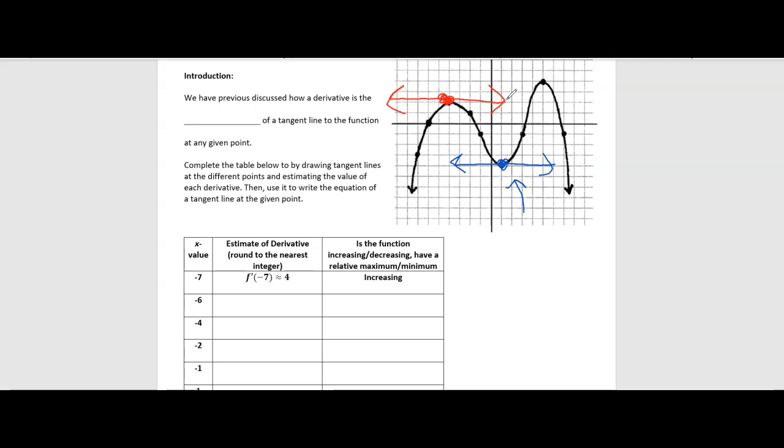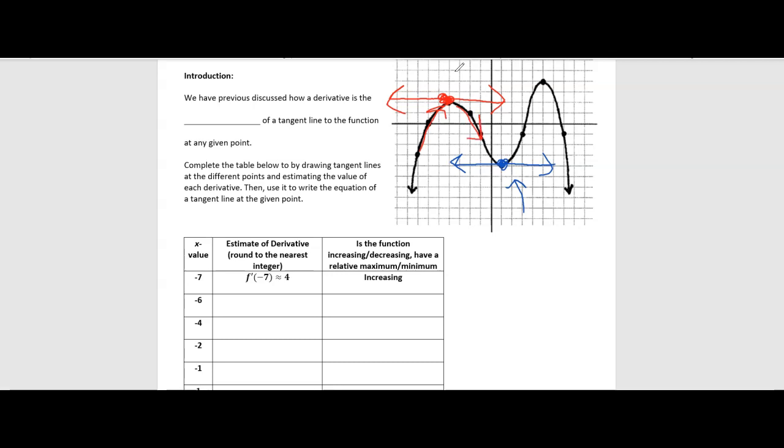Okay, so to determine when the function has a relative max, the first thing is the derivative has to be, well, it doesn't have to be 0. We'll look at some other cases where it could be undefined. But in this case, it's going to be equal to 0. And the function has to go from increasing to decreasing. And you could think about this intuitively.